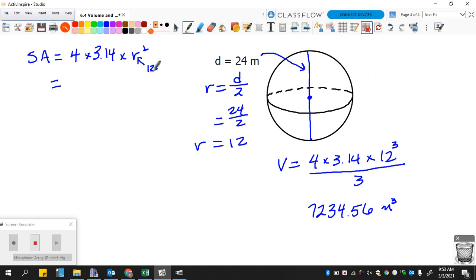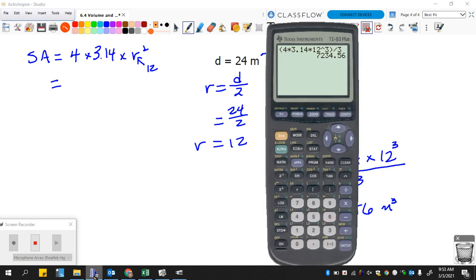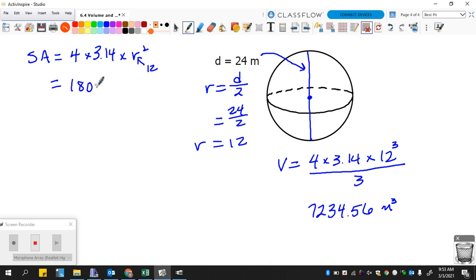All right. So we're going to say 4 times 3.14 times 12 to the second power is 1,808.64. Okay, and that is surface area, it's area, so it's meters squared.